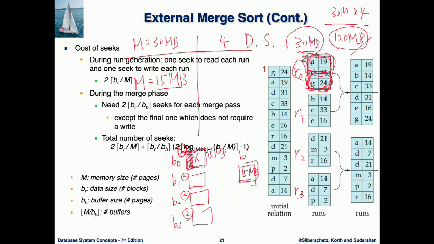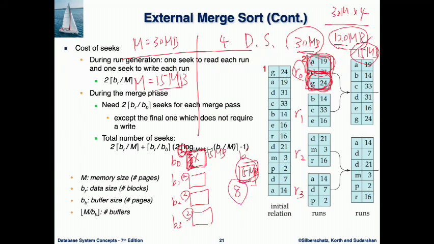And then you are going to divide this by 15 megabytes, because for every 15 megabytes of data, you need a disk seek. So when this 15 megabyte buffer is full, then you need to save. 1 disk seek is needed. And you need to do this multiple times. How many times? That is 120 megabytes divided by 15 megabytes. And I believe that will give you 8.